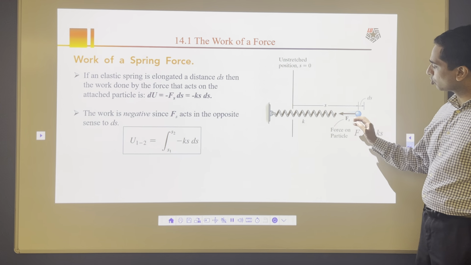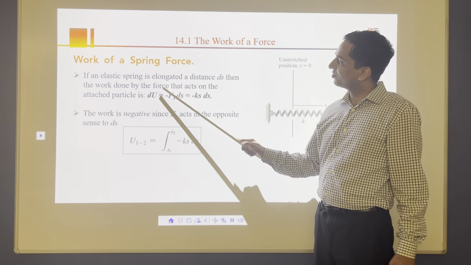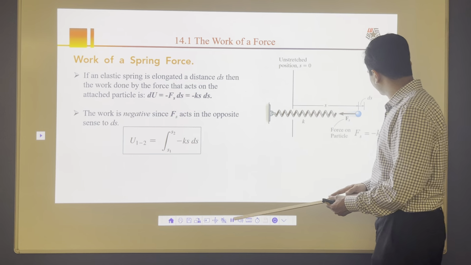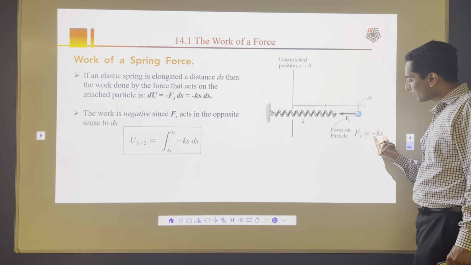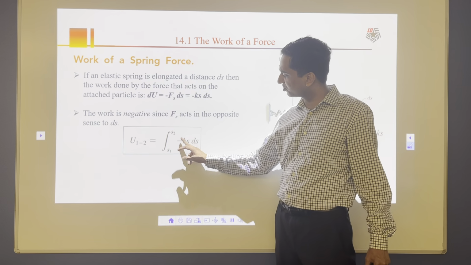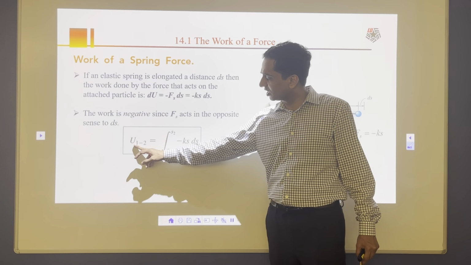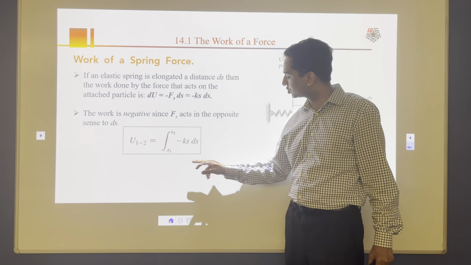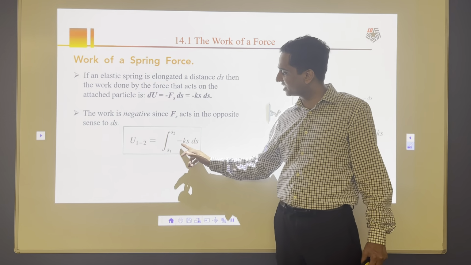Now if I want to know the total work done by the spring, I have this formula here. I'm going to take the force, minus Ks, times displacement, and put that here. So the total work is the integration from s1 to s2, initial position to final position, of minus Ks ds.